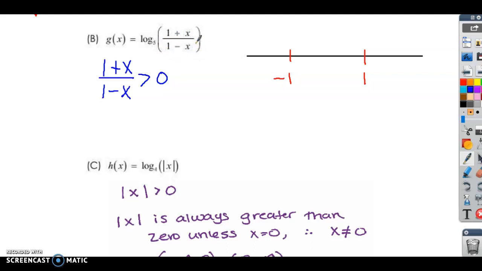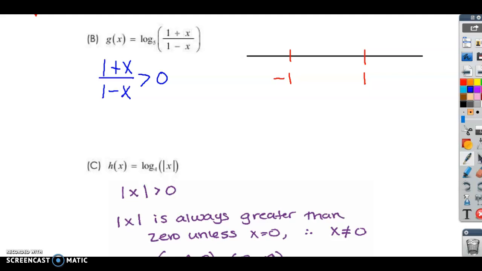So an undefined value in the denominator makes us take a look at the value 1, and then also -1 from the numerator. So I went ahead and plotted those on my graph, and I'm going to use a number line to kind of get an idea about what the graph looks like.